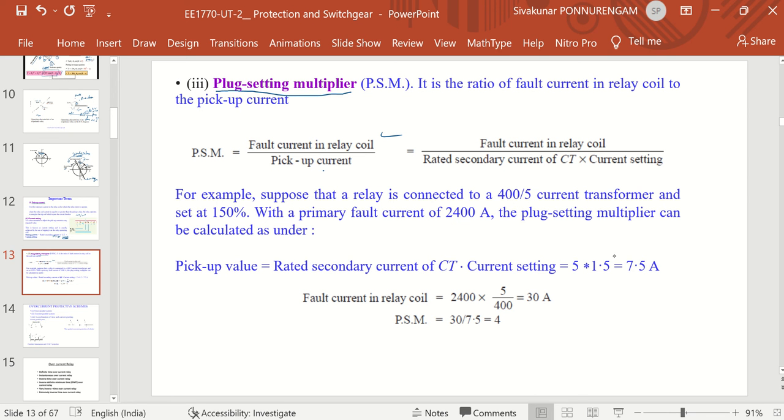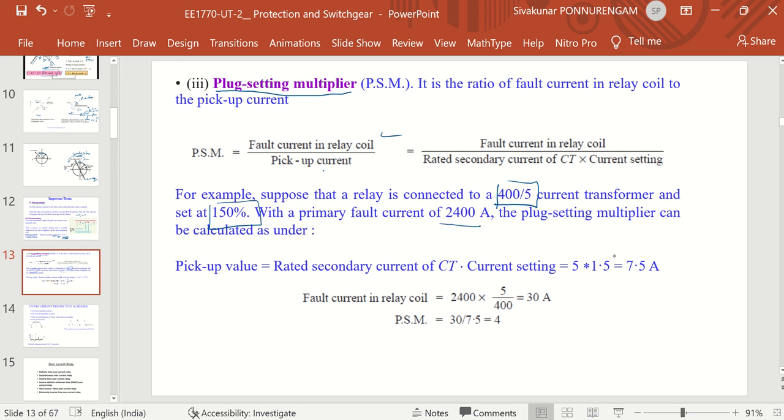Here we consider one example: a 400 to 5 current transformer, used up to 150 percent overloading. The primary fault current is 2.4k, which means 2400 amps.